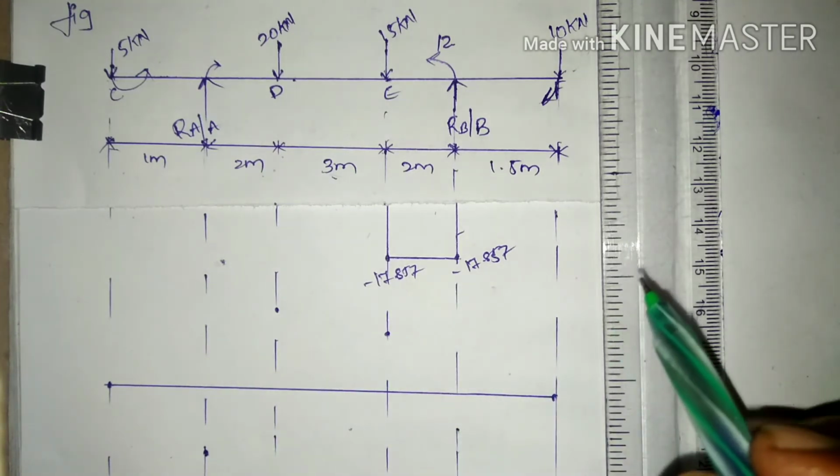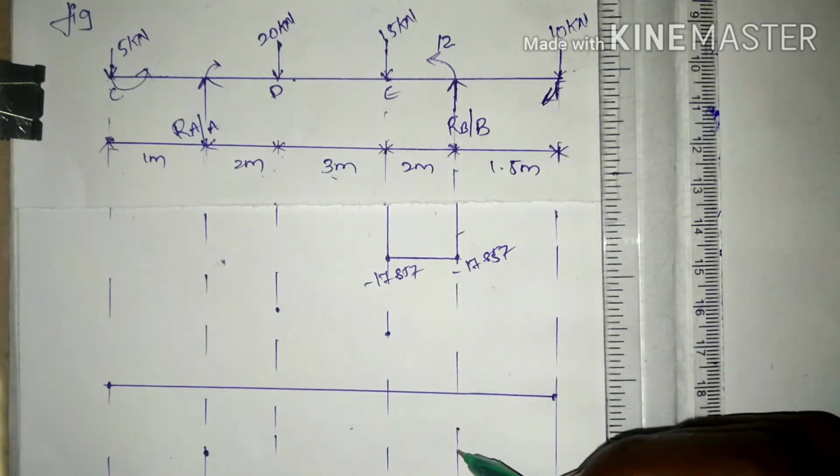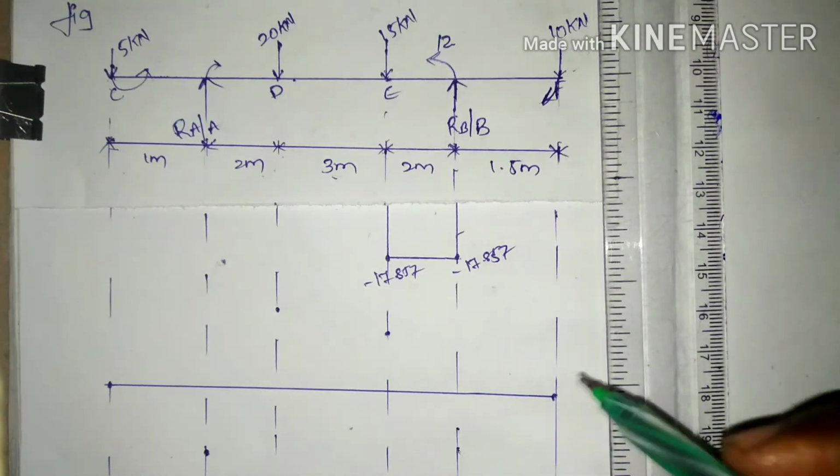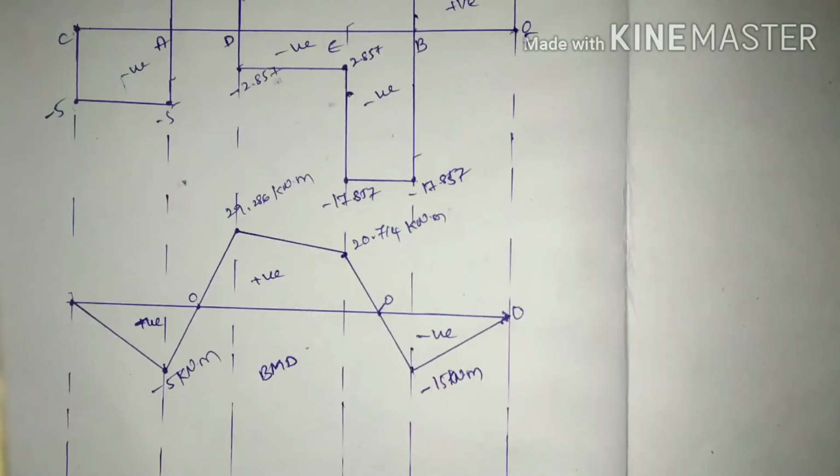Moving on to B, we have minus 5, it goes into the negative quadrant, and moving on to F, we have 0. Let us join these points to get the bend moment diagram. This is our bend moment diagram. Here we see that the bend moment changes from negative to positive and positive to negative.